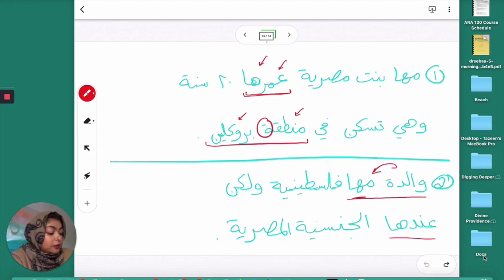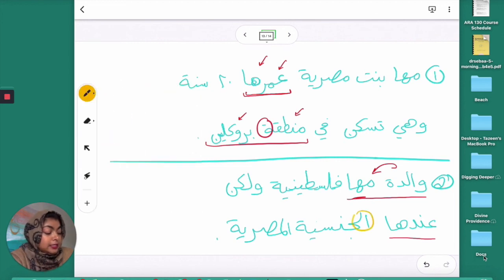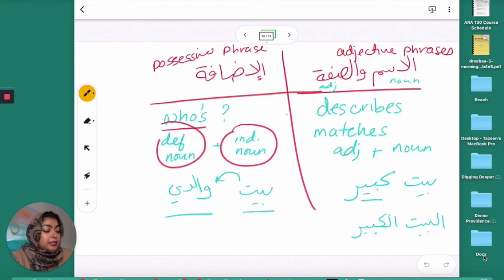So I'll put it in a different color because it's not إضافة. This has ألف لام, this has ألف لام. This has a تاء مربوطة, this has a تاء مربوطة. They're both matching. If you have two words that are matching, then that means that it is an example of الاسم والصفة. It's a noun adjective phrase, right?